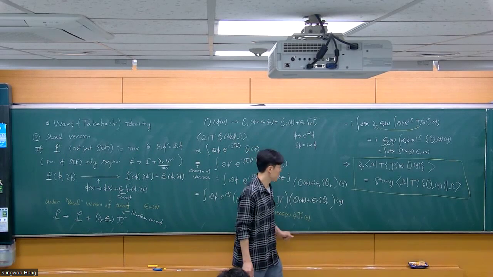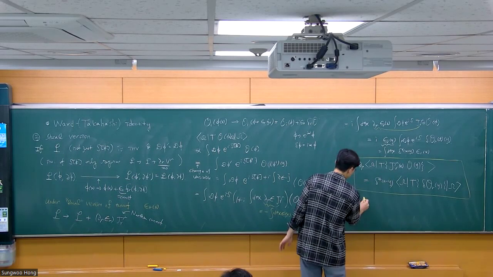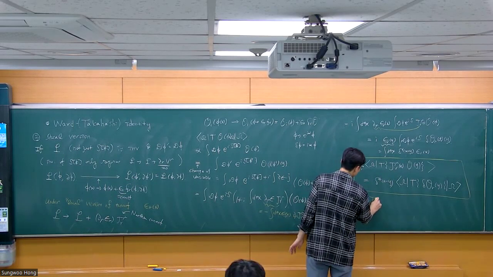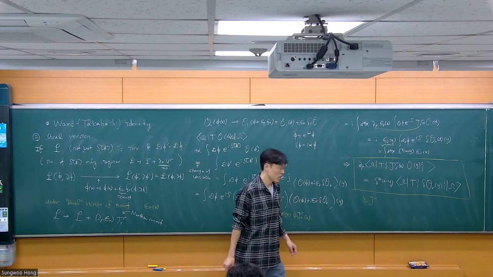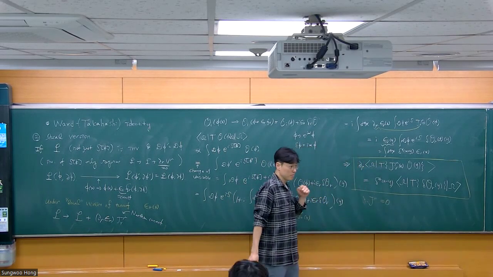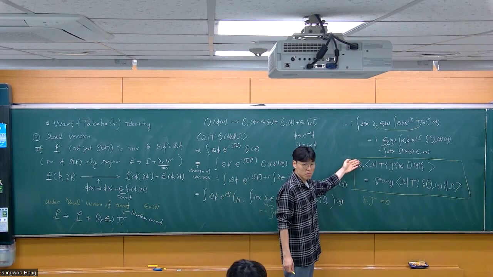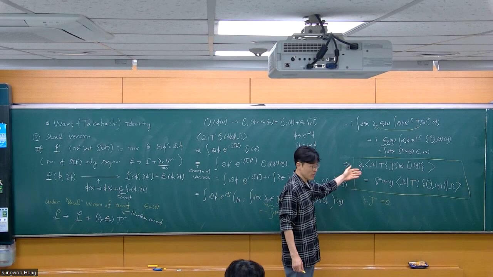Okay, so now let's understand the meaning of this. Classical theorem regarding symmetry tells you that if you have an unbroken continuous global symmetry, there should be a conserved current. So this is Noether's theorem. This is the quantum version of that, but realized at the level of correlation functions.